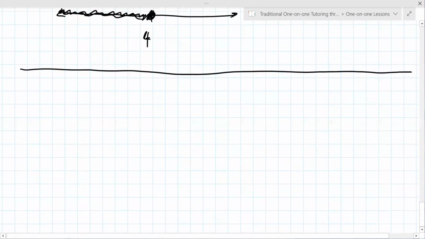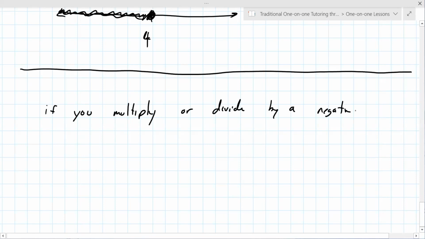I'm going to throw it at you now. We'll see how it goes. If you multiply or divide by a negative number, here's what happens. Greater than goes to less than.